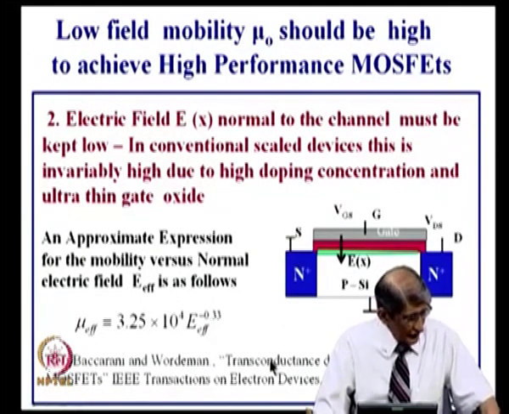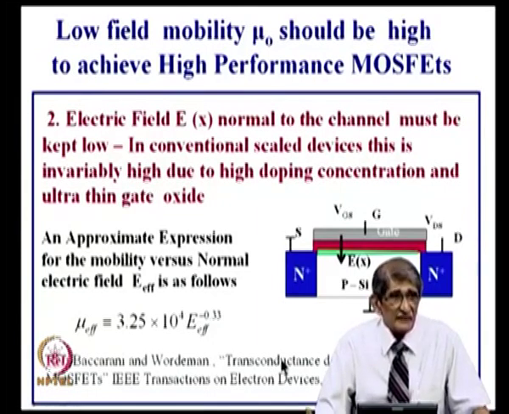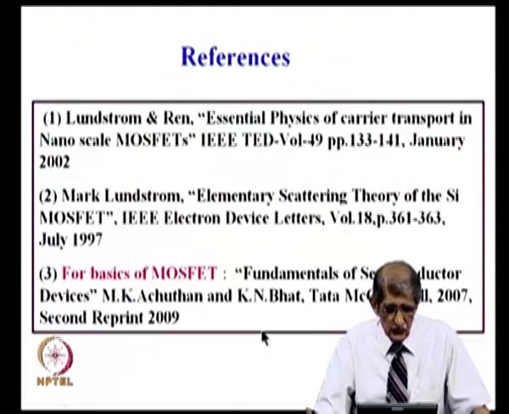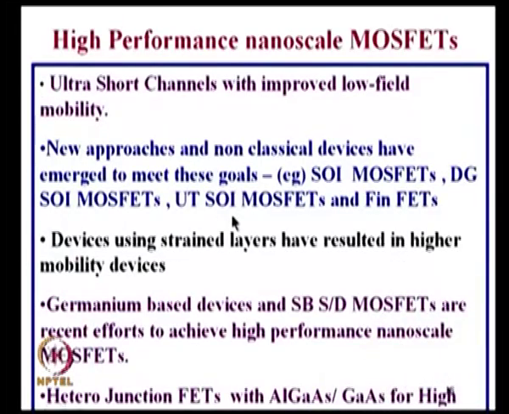So, the entire drive in present day devices is to choose this. These are the references which I am telling. So, to get high performance, what should you do? This is the last slide which I am discussing here today, which has got a lot of juice in it.